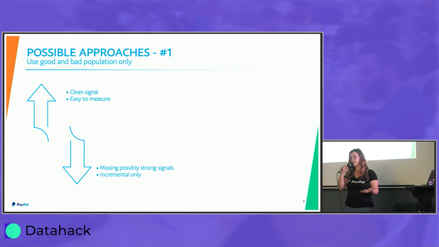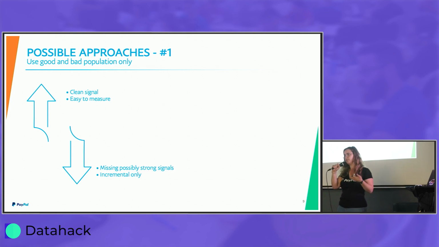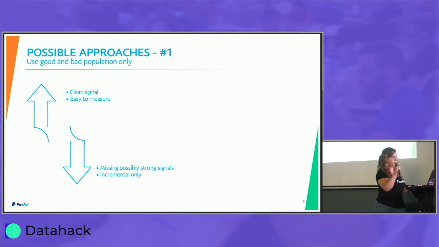The good thing about this approach is that we will have a very clean signal. Whatever is good, whatever is bad, it's clean. It will be easy to measure because each record has a label, so we can just use whatever classification metric we like, precision, recall, etc. However, we may be missing some strong signals within the data.